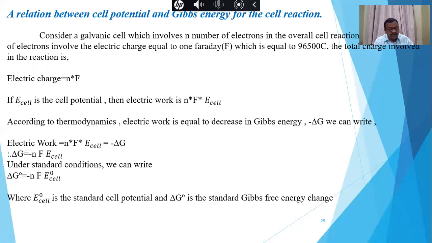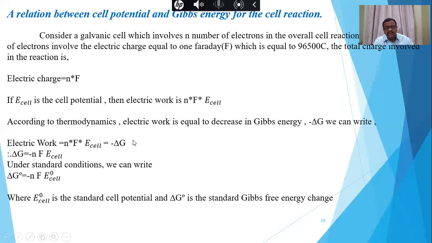Since 1 mole of electrons carries an electric charge equal to 1 Faraday, which is equal to 96500 coulomb, the total charge involved in the reaction is nF. If E cell is the cell potential, then electrical work is nF E cell.